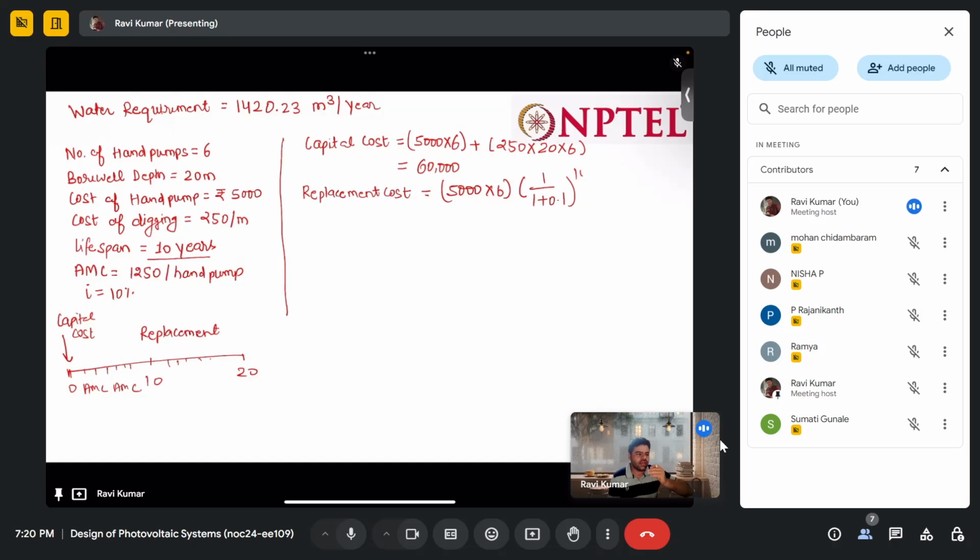We are having a lump sum after 10 years. So what is the present worth of that lump sum in today's terms? It is 30,000 into 1 upon 1.1 to the power 10. So what is the value we are getting? Let's solve this.